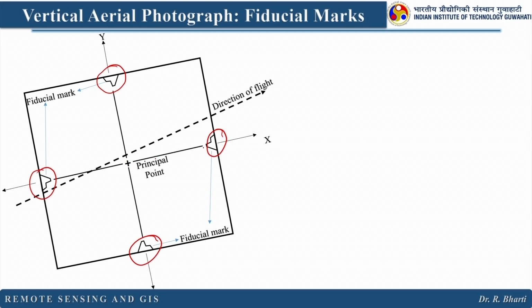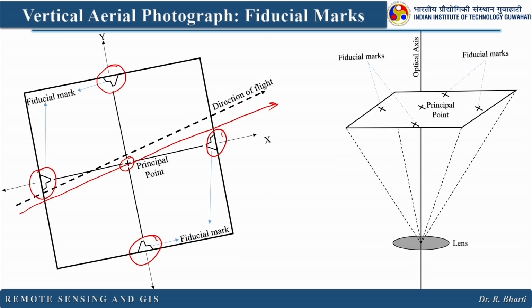Now if you join them, you will find your principal point lying somewhere in the center of the image, right? And in general, this defines the direction of the flight, which is mentioned here. And this has been captured like this. If you see, this is your lens, this is the principal point, these are the fiducial marks.